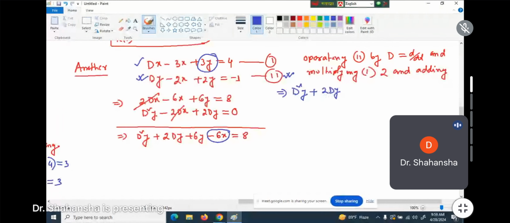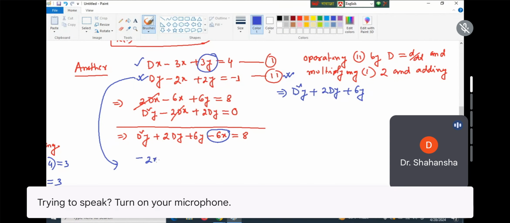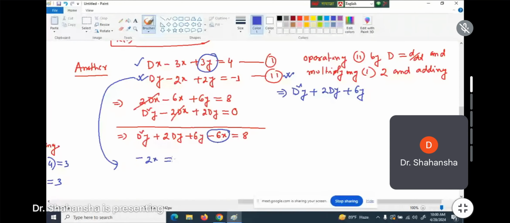So d square y plus 2dy plus 6y, from number 2, 6x. What is the value of 6x? Can you help me? Sir, from number 2, if you want to use it, I can write here minus 2x equal to minus dy minus 2y.